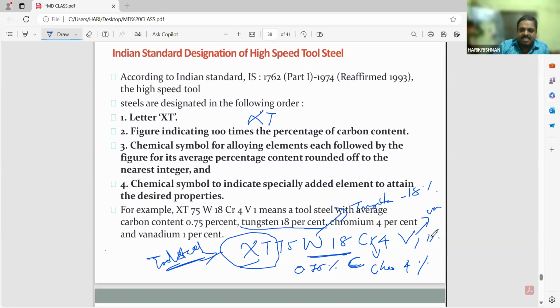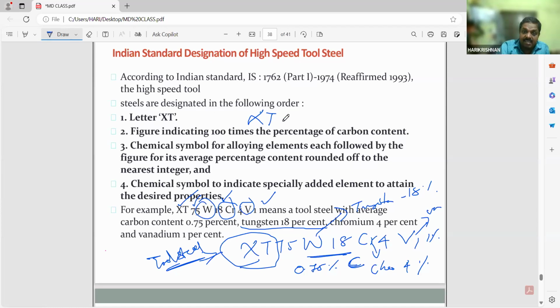I think the concept is clear. XT75, W18, Cr4, V1 means XT, tool steel, 0.75 percentage of carbon, tungsten 18 percentage, W represents the tungsten, chromium 4 percentage, similarly vanadium 1 percentage.